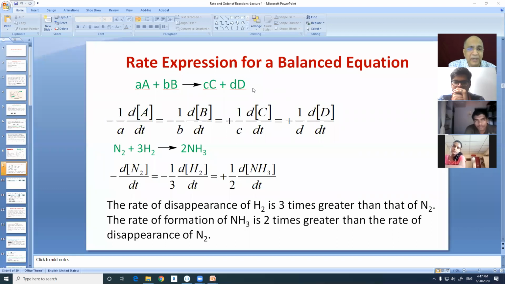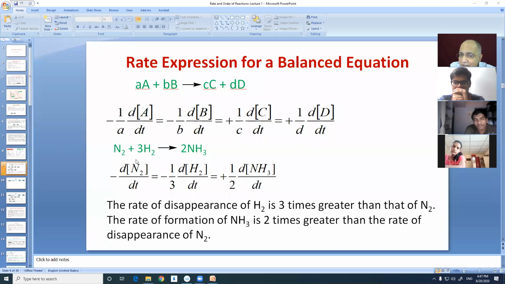So the moment you find a balanced equation, you prepare a rate expression for it. With respect to reactant, minus sign, dA by dt, and whatever the coefficient, 1 or 2, you make it reciprocal, 1 by a. Here B, 1 by b. Here C, 1 by c. Here D, 1 by d. But put a plus sign if it is in terms of product, and a minus sign in terms of the reactant. Same thing happens here.